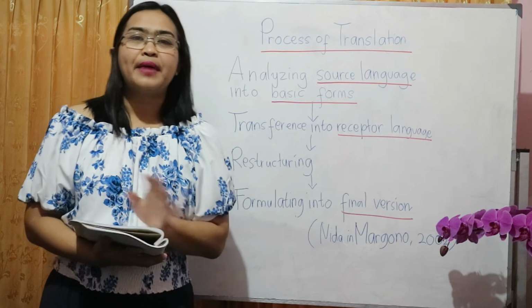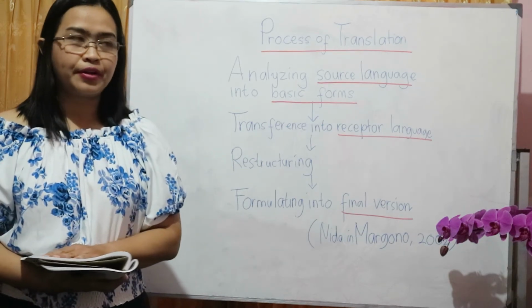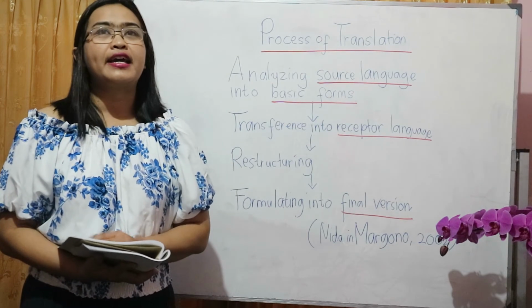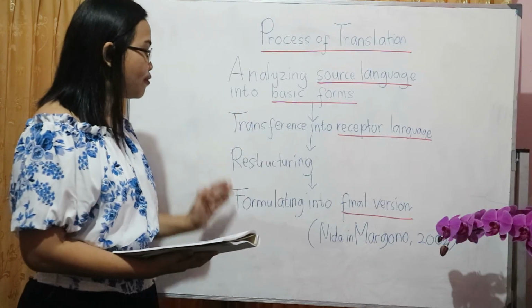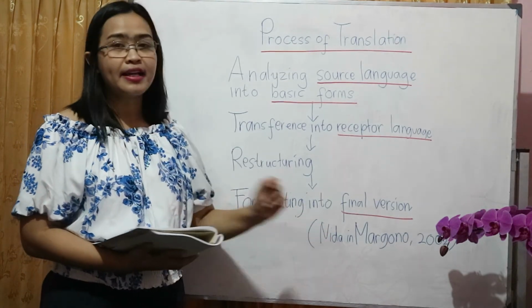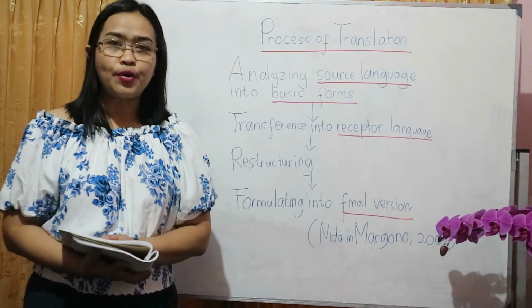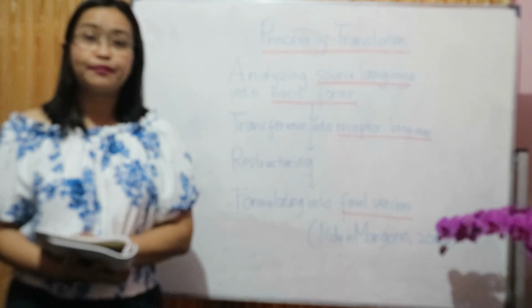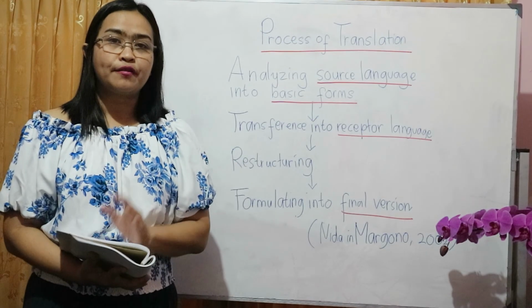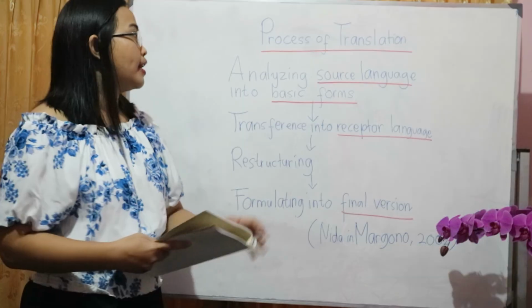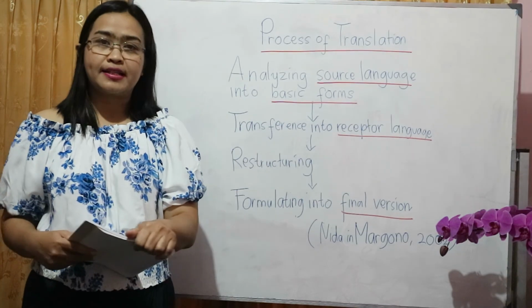I think that is all for the discussions of process of translation. I come with the idea of these 4 steps taken from NIDA, written in Margono in 2002. I hope you can also learn from the examples, the case of English-Indonesian translation, to show how process of translation occur.